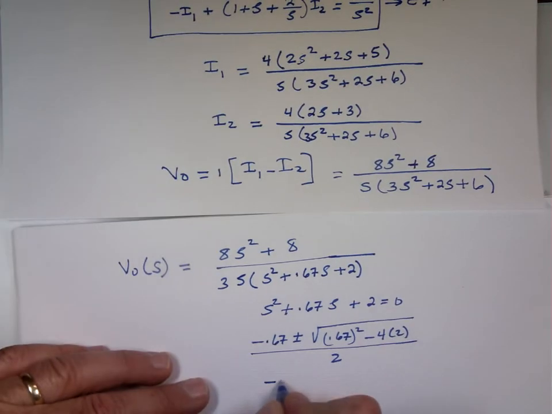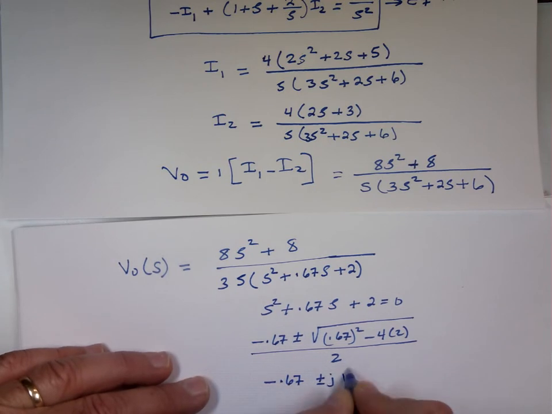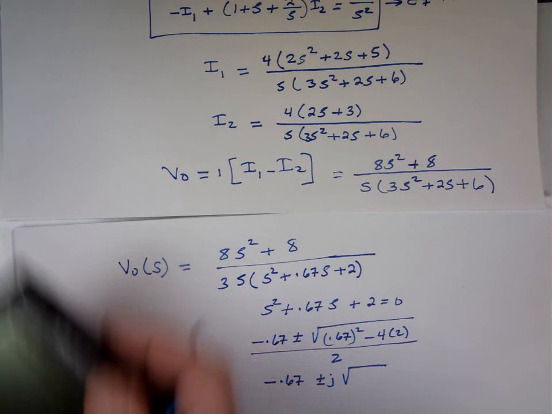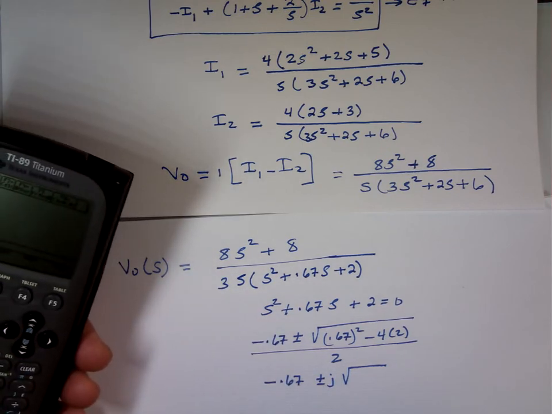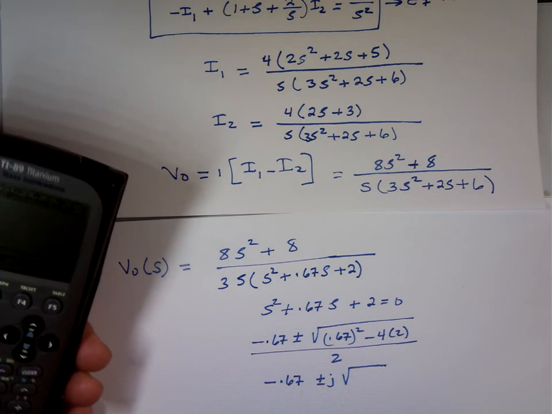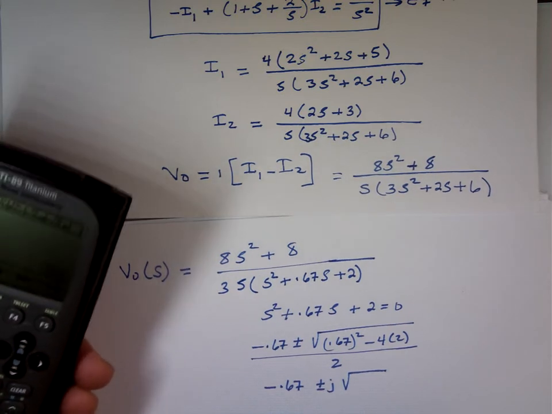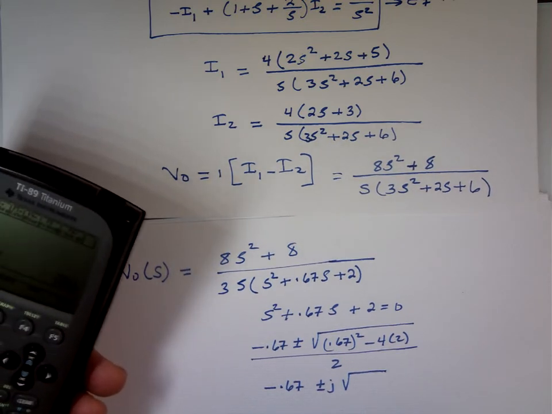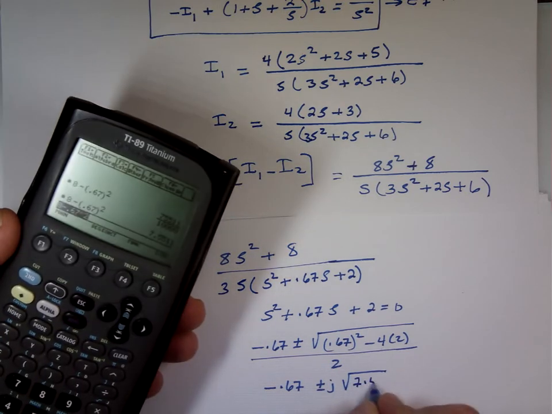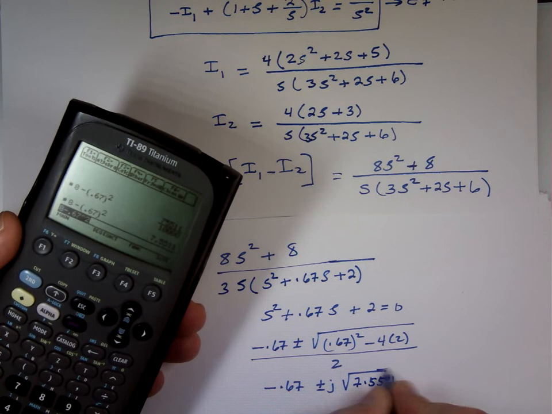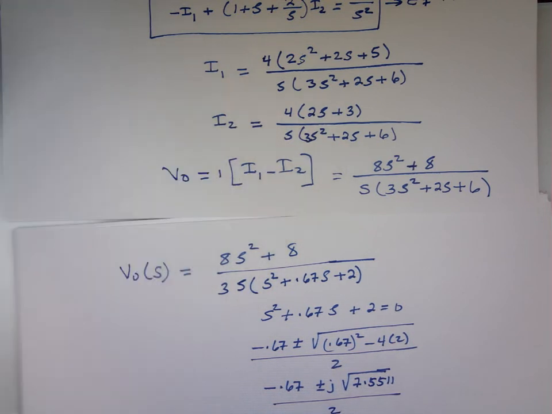This will be a j here. 8 minus 0.67 squared. Keep on going with it.